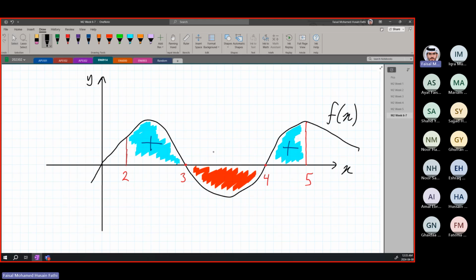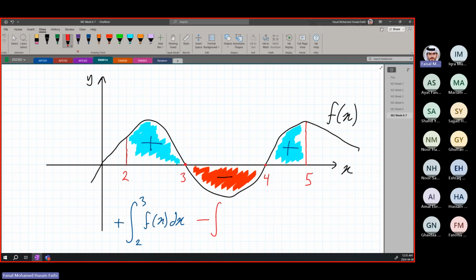To find the area, you have to integrate between 2 and 5. However, you are going to integrate in parts. The integration for the first part is going to be from 2 to 3, and it's going to be plus. It's positive, and it's above the x-axis, of f of x dx, whatever the function is. Then you do minus, because this part over here is negative.